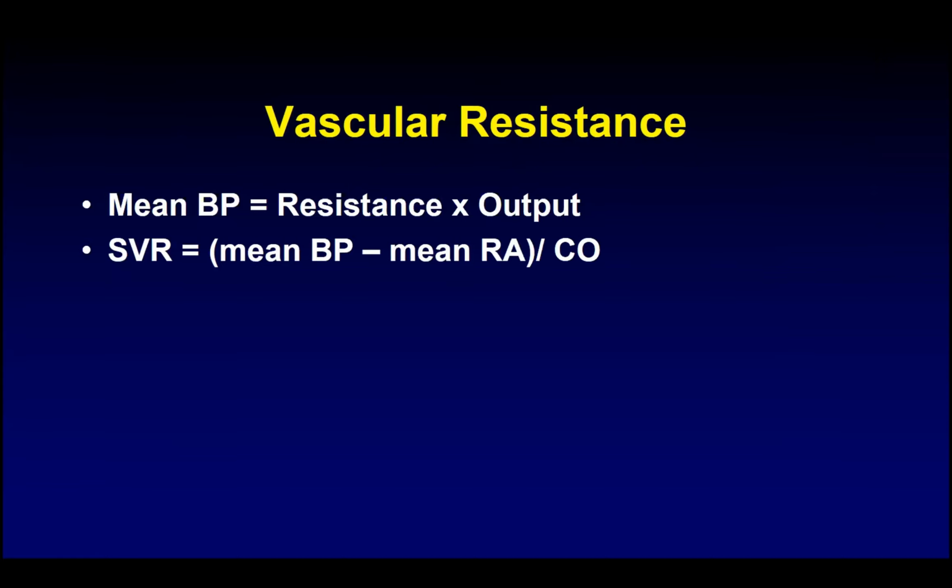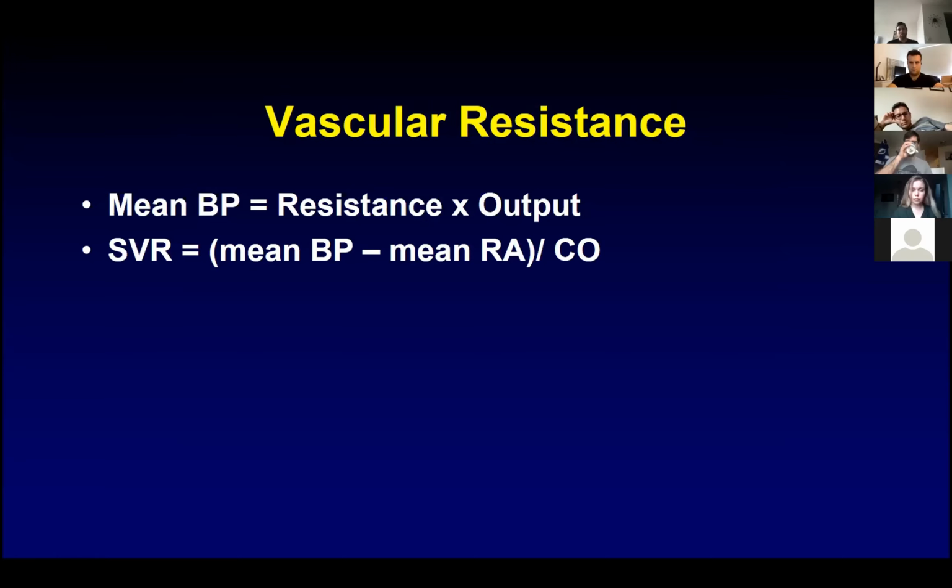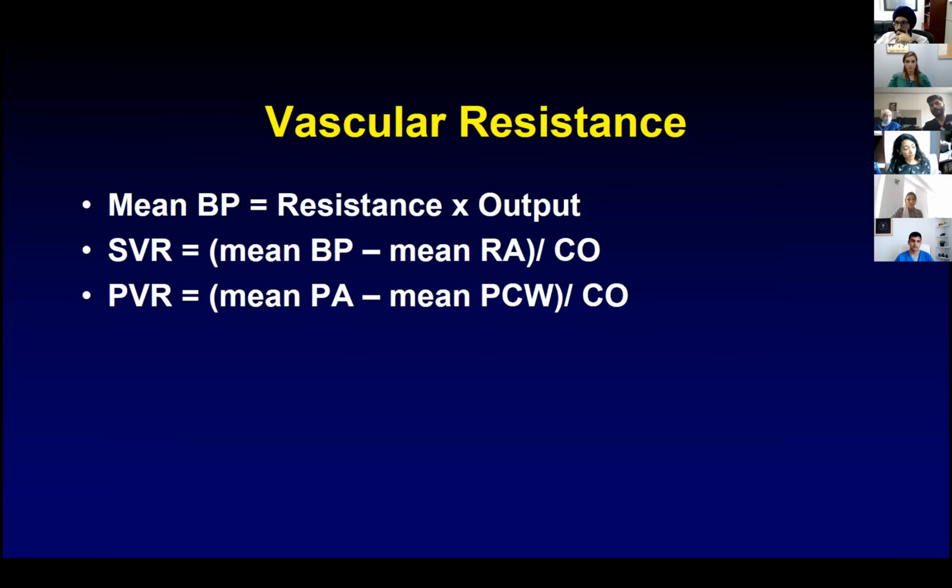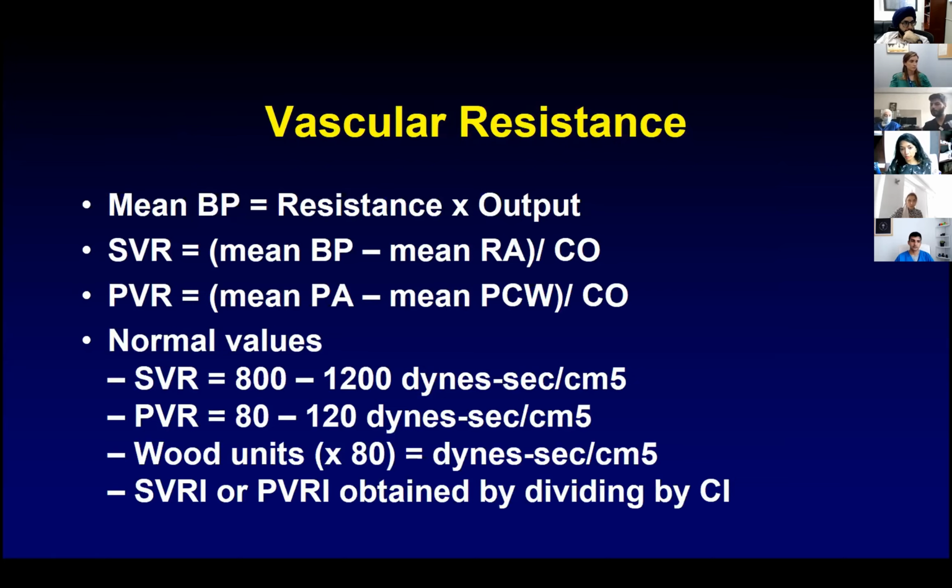For SVR, just rearranging this equation, you get SVR equals the mean arterial blood pressure minus the mean CVP divided by the cardiac output. For the pulmonary vascular resistance, it's mean PA pressure minus the wedge pressure divided by cardiac output.